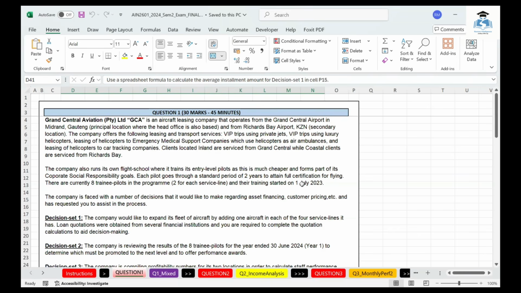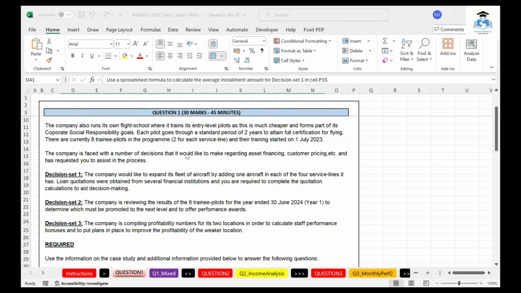The company offers the following leasing and transport services: VIP trips using private jets, VIP trips using luxury helicopters, leasing of helicopters to emergency medical support companies, which use helicopters as air ambulances, and leasing of helicopters to game trekking companies. Clients located inland are serviced from Grand Central, while coastal clients are serviced from Richards Bay.